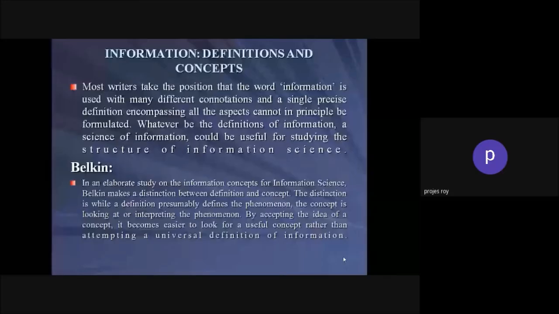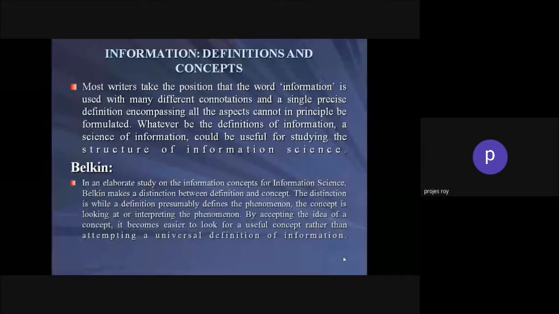Now, information definition and concept. Most writers take the position that the word information is used with many different connotations, and a single definition encompassing all the aspects cannot in principle be formulated. Whatever the definition of information, a science of information could be useful for studying the structure of information science. Belkin has clarified the idea.